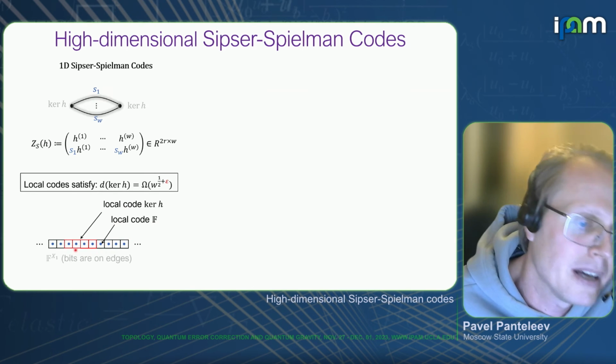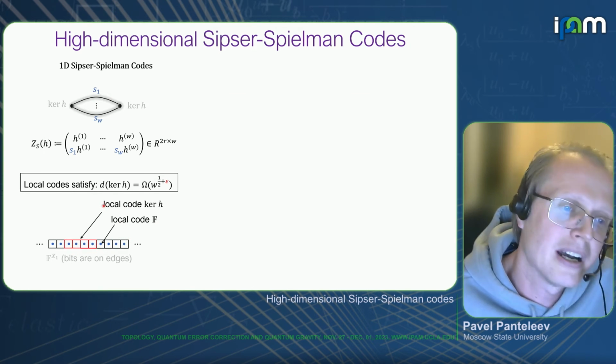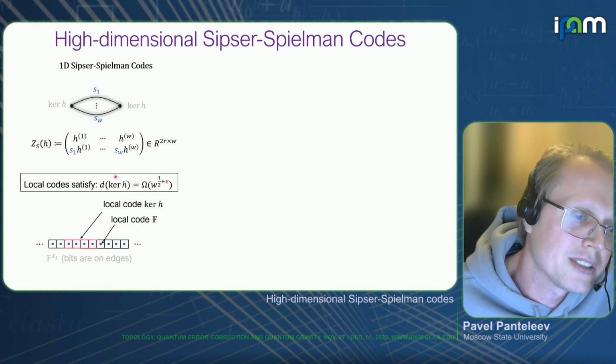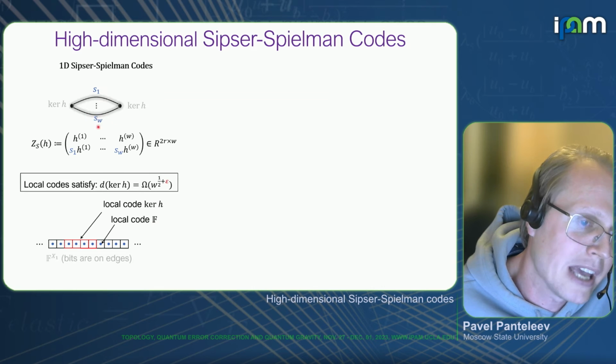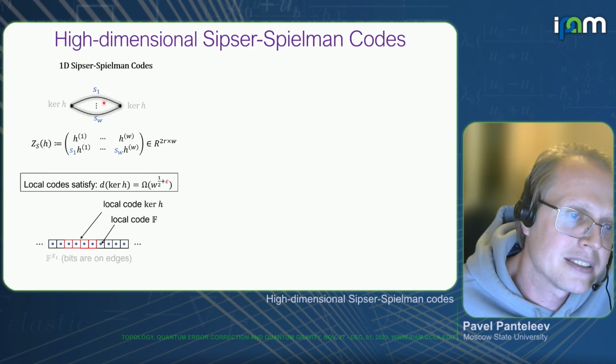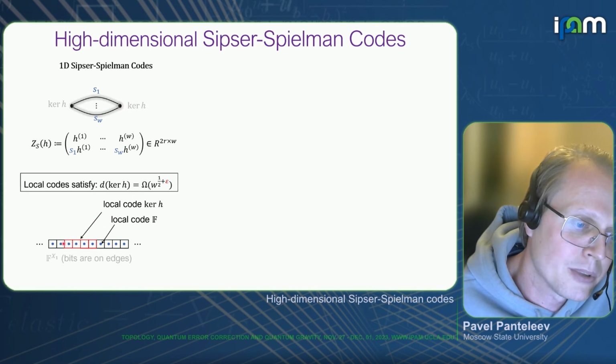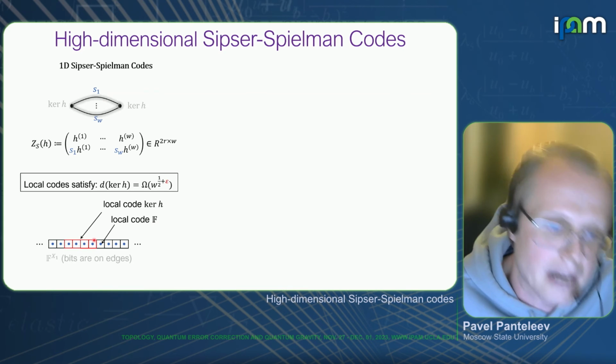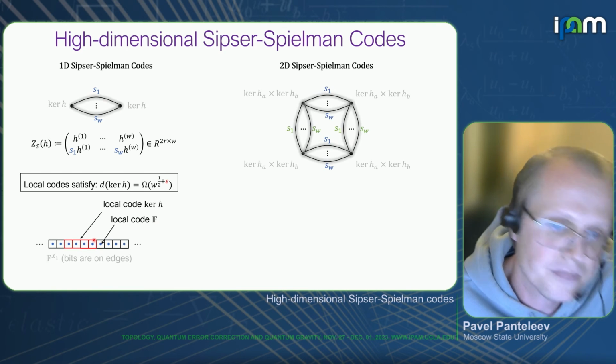And we also have another local code that is related with the vertex. The first local code was related with the edge, and the second local code is related with the vertex. So we have a hierarchy of localities here.